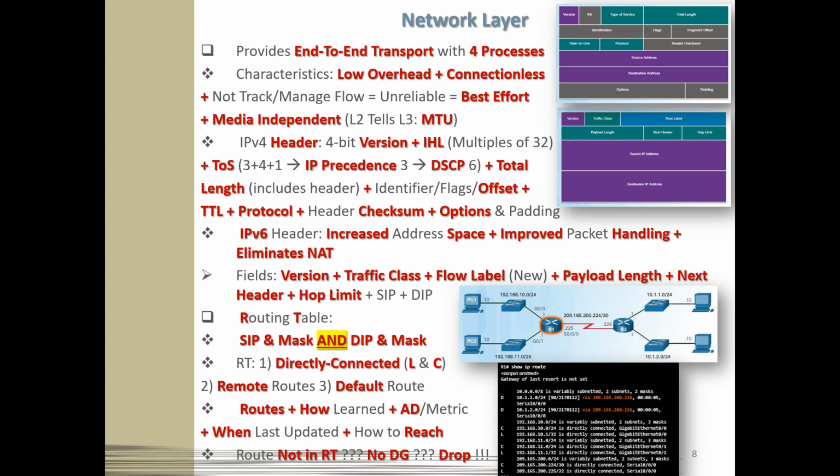The third feature is that with IPv6 we do not need NAT, network address translation, because we do not need to share addresses. Why is that? We eliminate the need for NAT because we have enough addresses. They say there are roughly enough IPv6 addresses for every grain of sand on earth. So that's why we don't need NAT anymore.